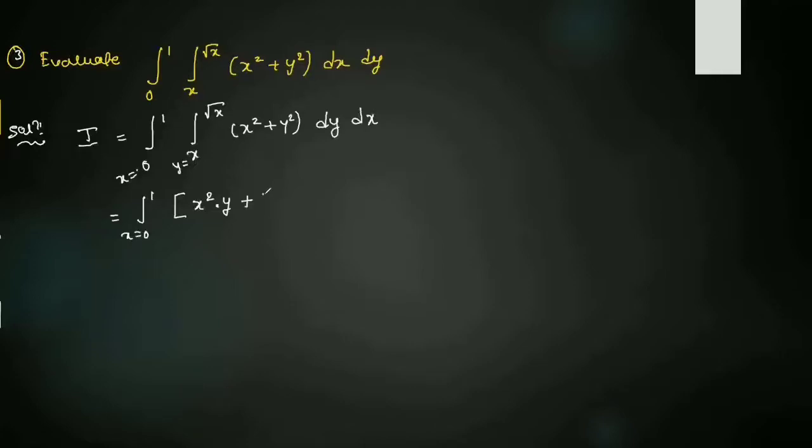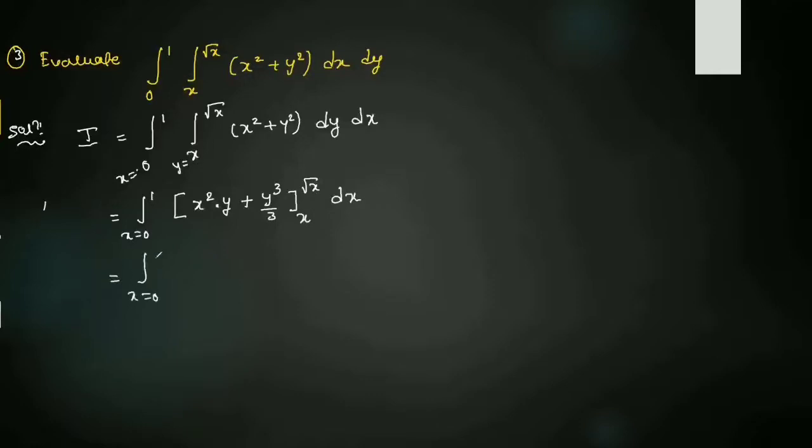Plus the integral of y square is y cube by 3. And the limits are x to root x, dx. So now in place of y, we have to substitute root x and x. If I substitute root x in place of y, it will be root x.